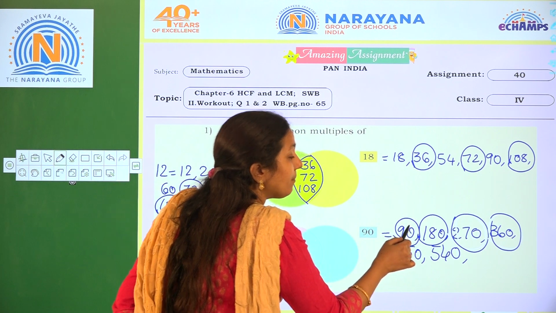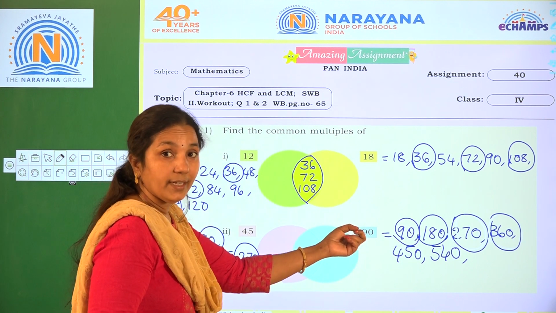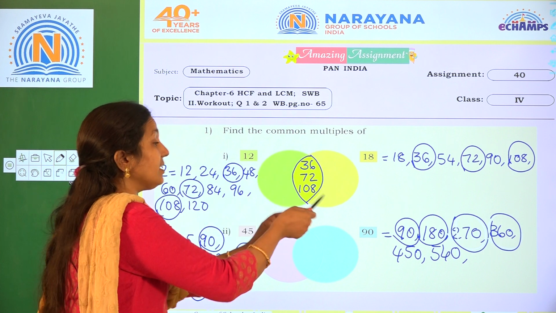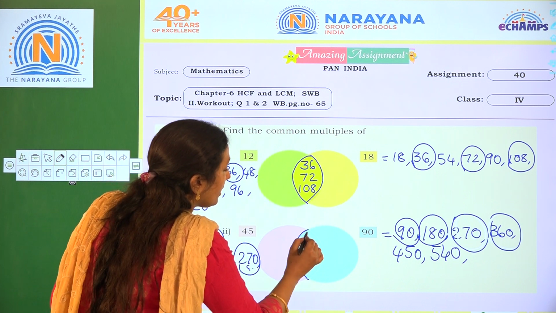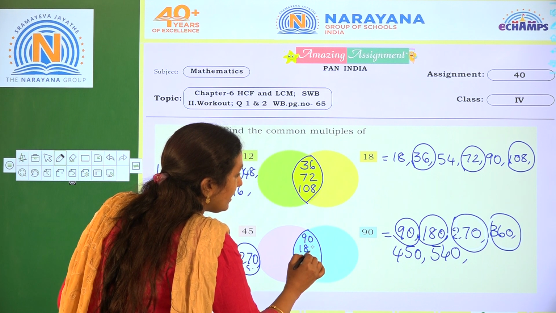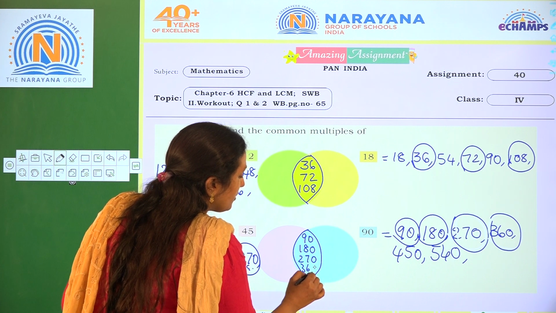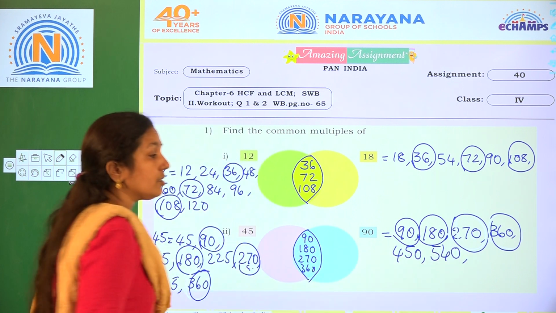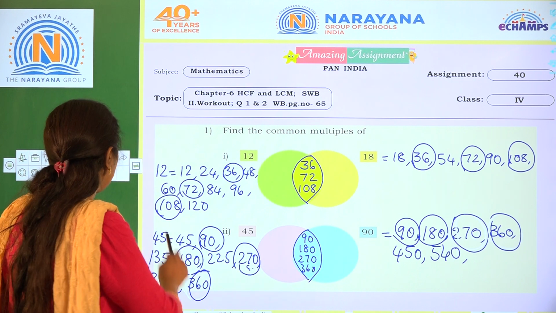Here every multiple of 90 is also a multiple of 45, because 45 is a factor of 90. So what are the common multiples of 45 and 90? 90, 180, 270, 360. These are all common multiples of 45 and 90. Got it, children? Coming to the next one.